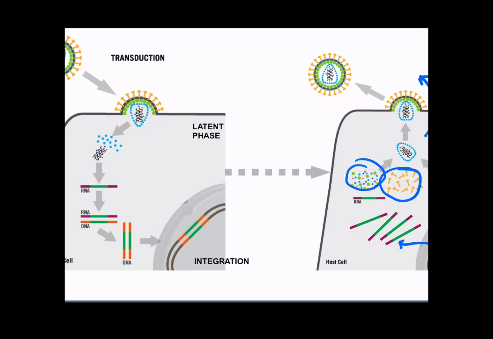Right? So when the retrovirus decides to activate and kickstart this process, the consumption of resources and energy within those cells is such that the cell dies. Okay? So that's what these retroviruses do naturally.